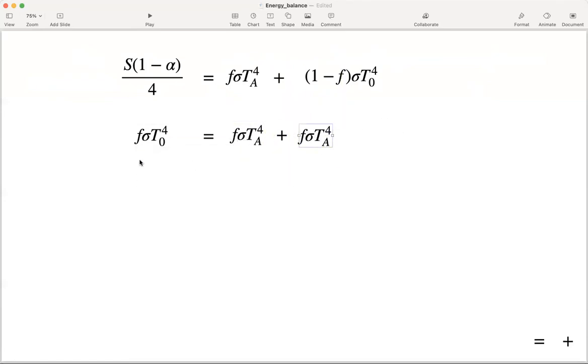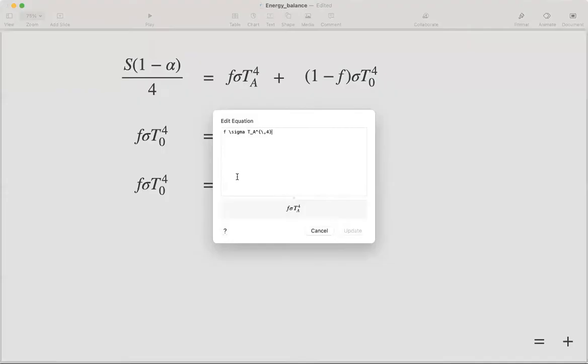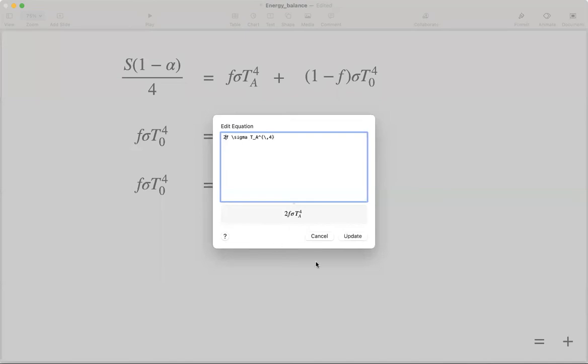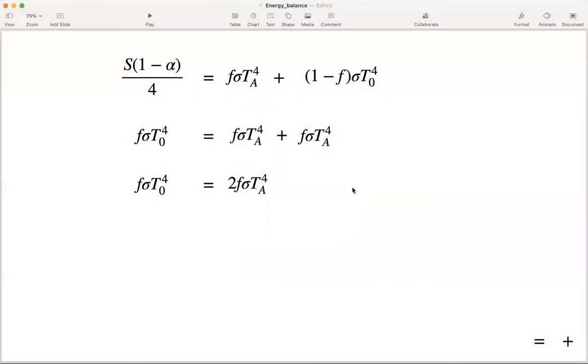So here we go. The total absorbed by the atmosphere equals the total radiated by the atmosphere. And so just simple algebra, you can combine these terms and simplify here, right?